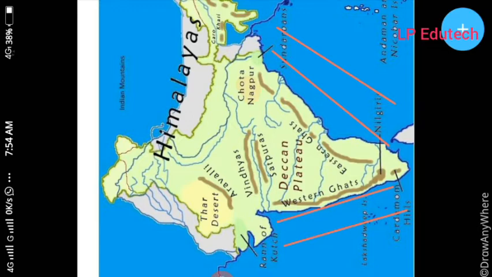The salinity of the eastern coast is 34%, while it is 35% in the Arabian Sea. So here is a 1% increase.